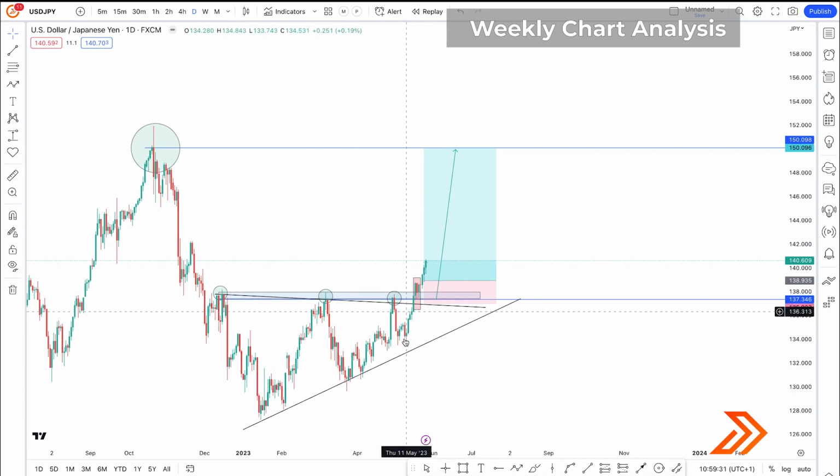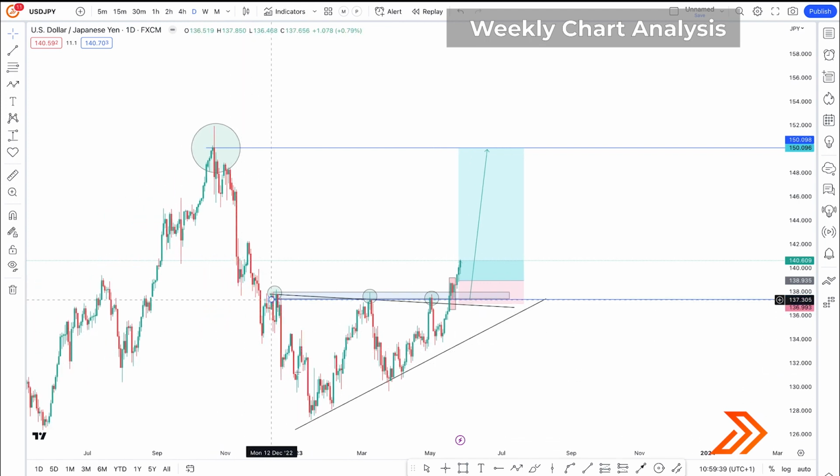The chart pattern you could call a pennant, and price has been ranging within this structure for a while, and then immediately we had price break out of this box with this candle that we had here. Price broke out of this resistance zone here.